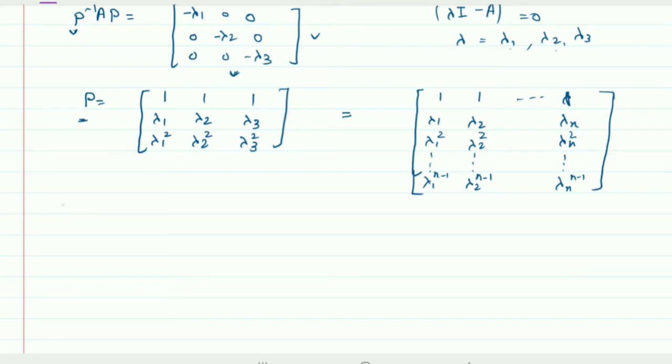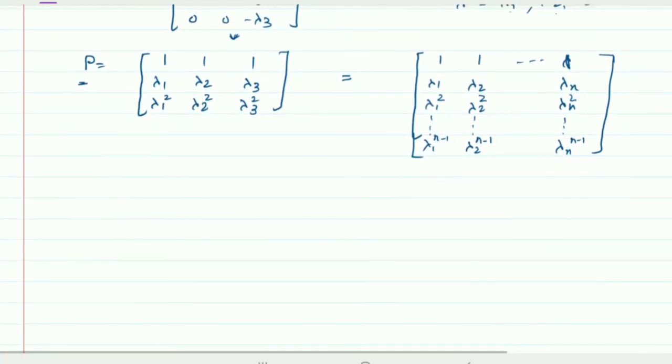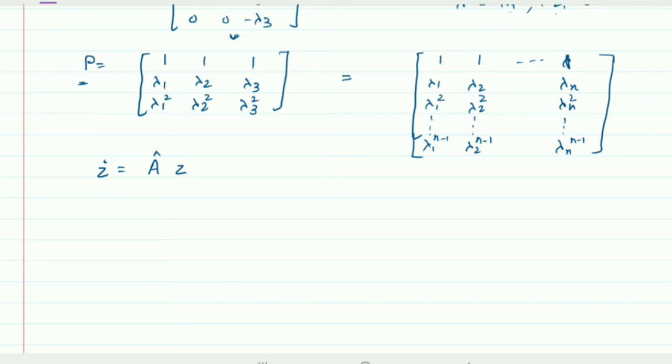So if I represent this state space equation in this form, z dot equals A hat, the new A matrix, with the state z plus B hat, the new B matrix, with u, and output y equals C hat into z plus Du.